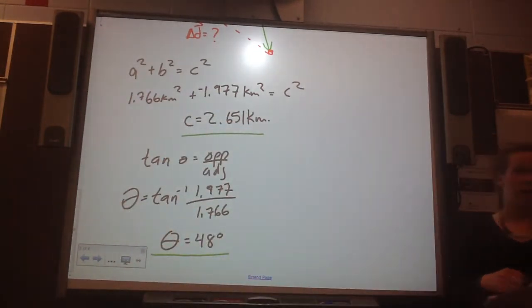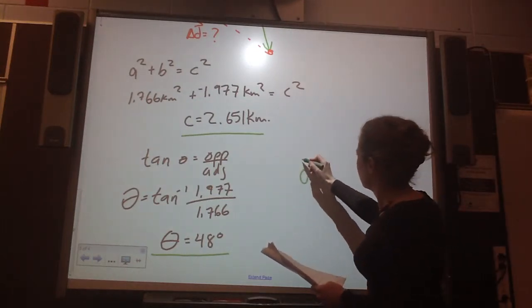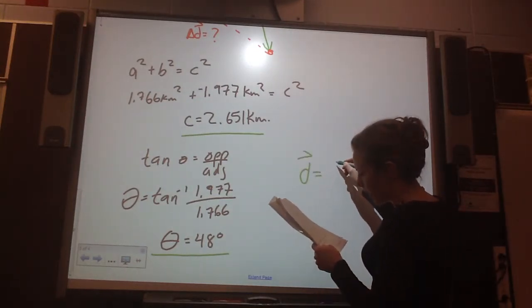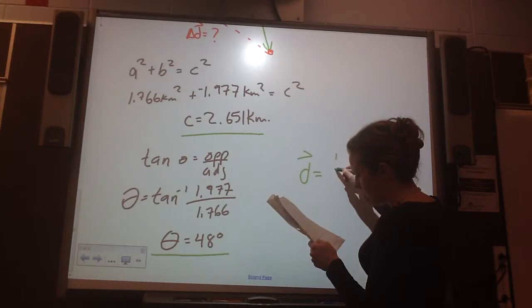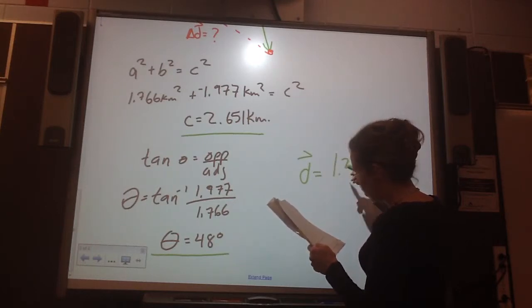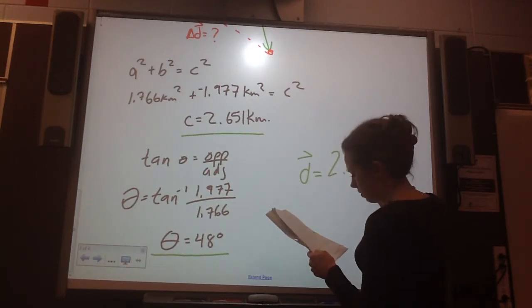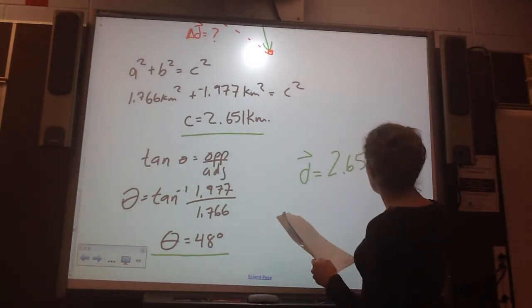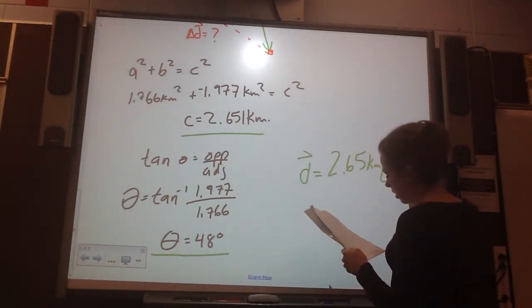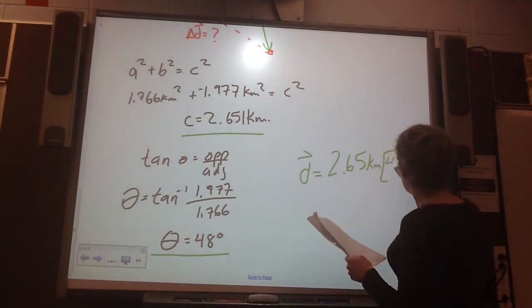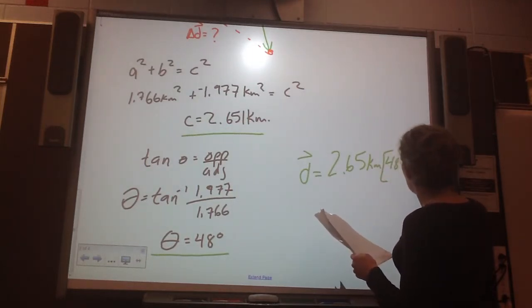So now I can write my final answer. My displacement is equal to 2.65 kilometers, 48 degrees south of east.